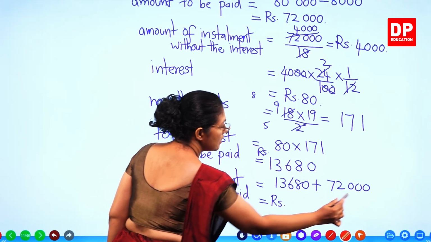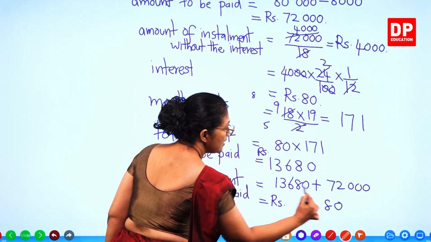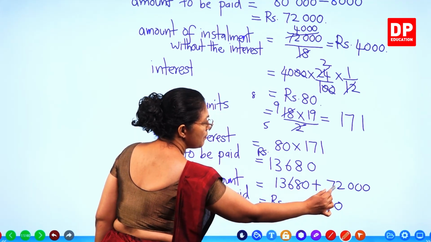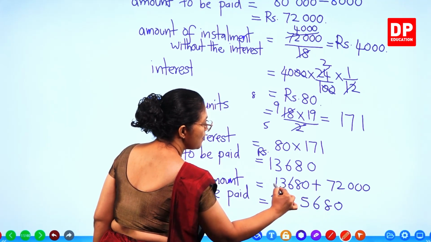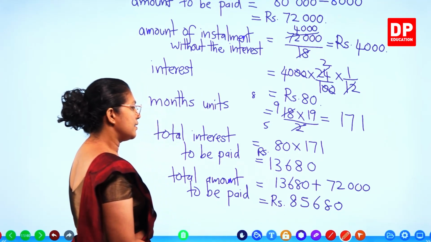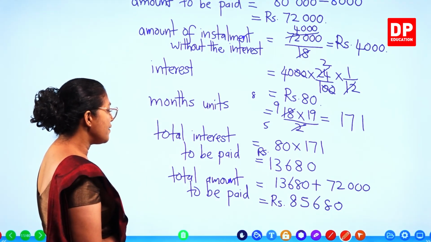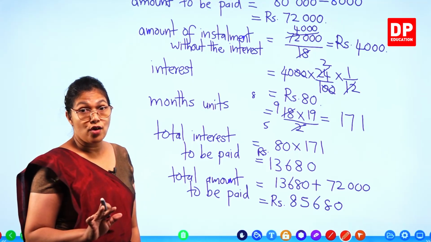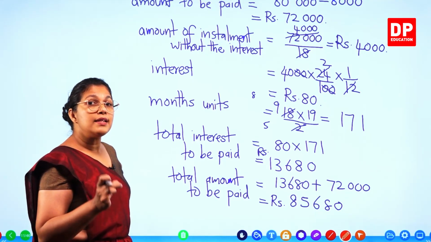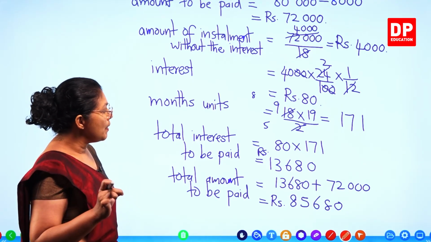What's the total? 0, 8, 6, 3 plus 2, 5, 7 plus 1, 8. 85,680. Now the question asks to find out the monthly installment to be paid.